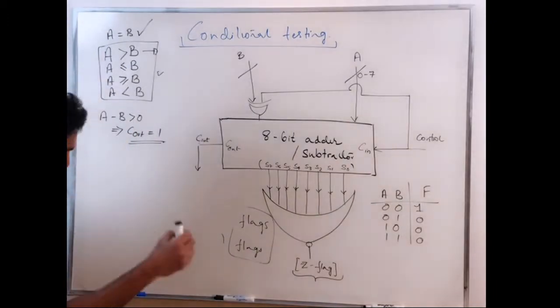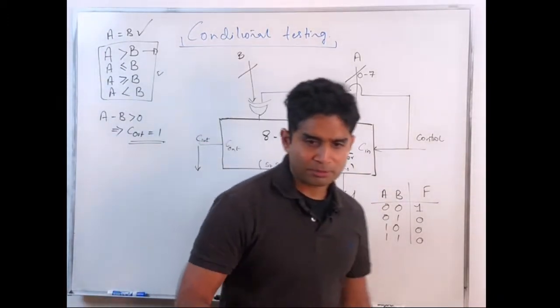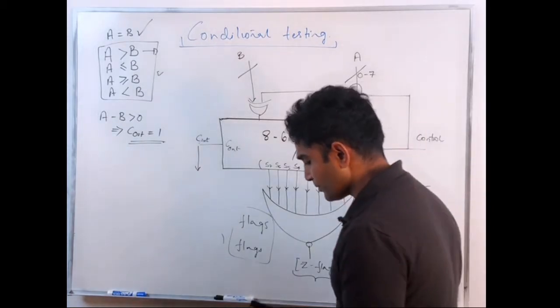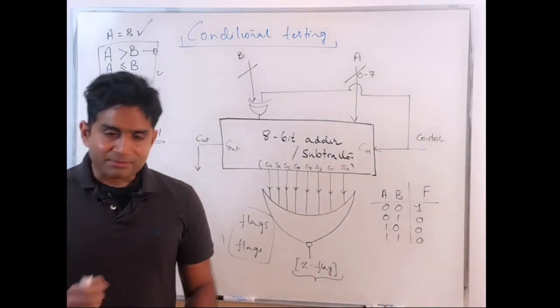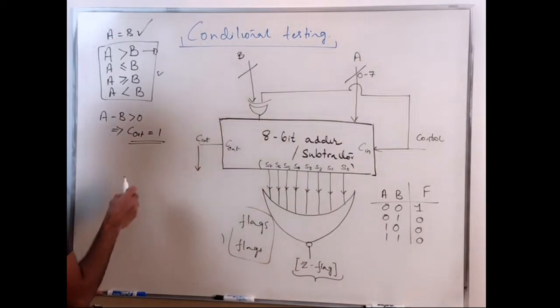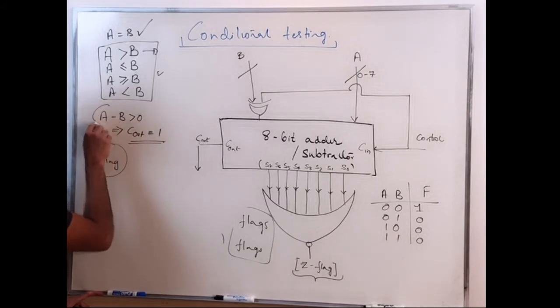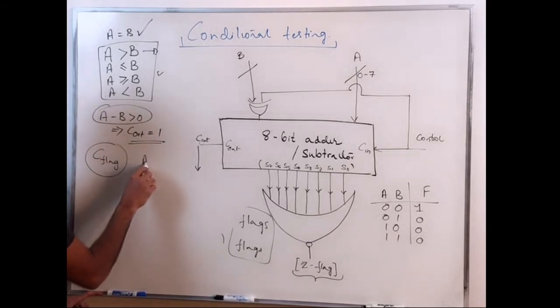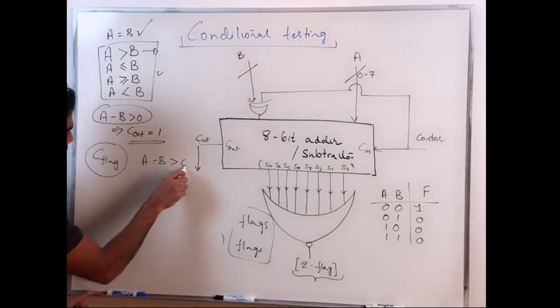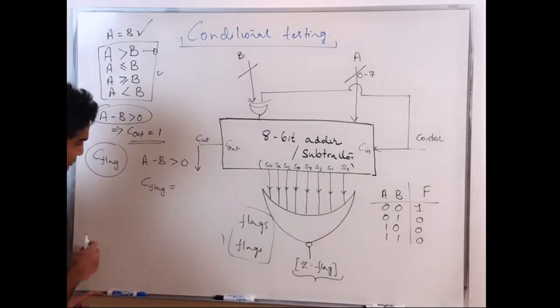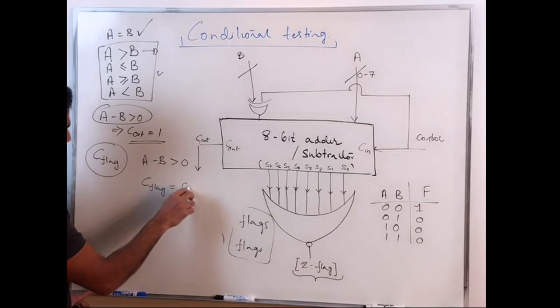Now, in an actual controller like the one I just showed on the screen, that's the Motorola HCS12, the way the C flag, the carry flag, is configured is that when I'm doing this operation, if A minus B is larger than 0, then my C flag should be 0.